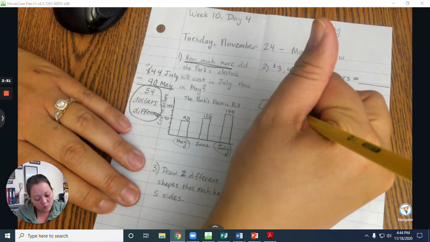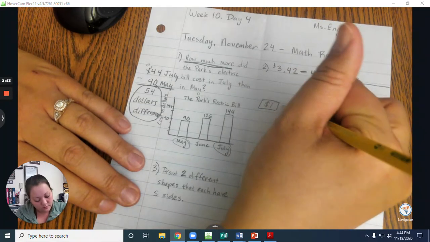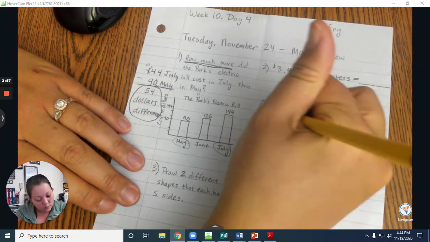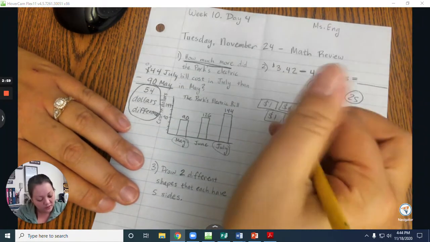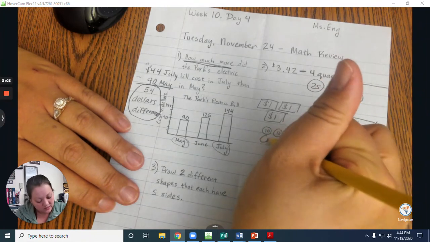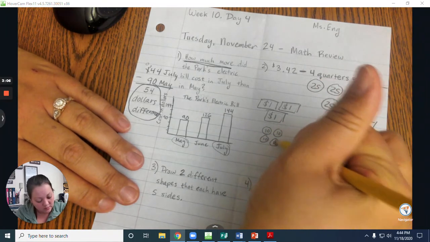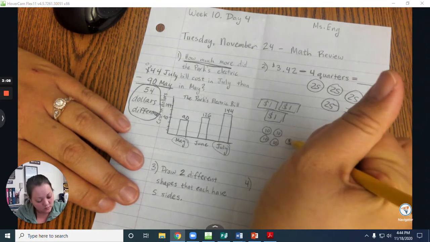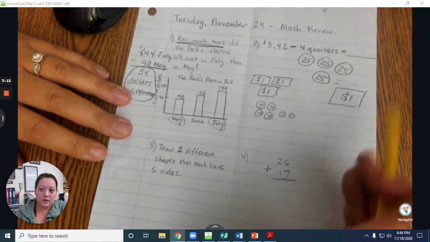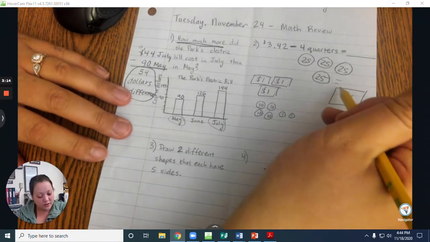So if we have $1, $1, and 42 cents, so I'm going to make a dime, a dime, a dime, a dime, and 2 cents, 1, 1. So that's really how much money she has. Well, if I drew this out, well, I gave away one of my dollars.